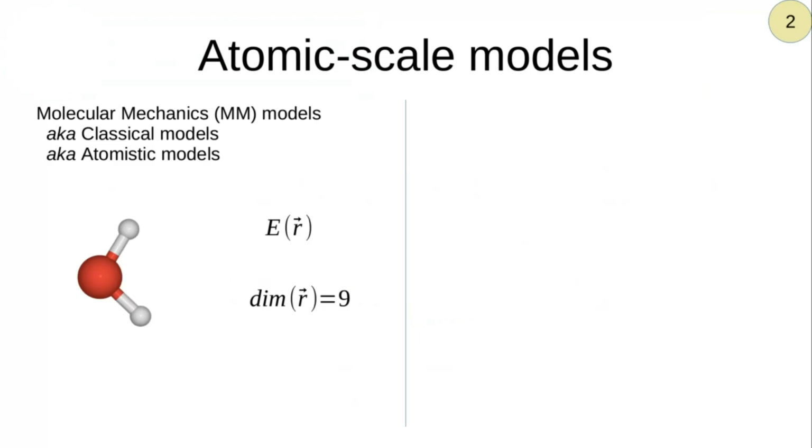So today there are, roughly speaking, two kinds of atomic scale models. The molecular mechanics models, also known as classical models or atomistic models. These models usually describe the system as a set of atomic nuclei, and they evaluate the dynamics of the system solely from, and in terms of, the positions of atomic nuclei.